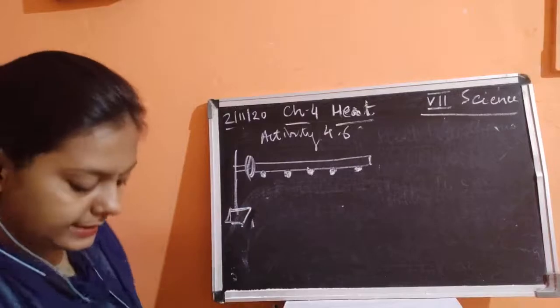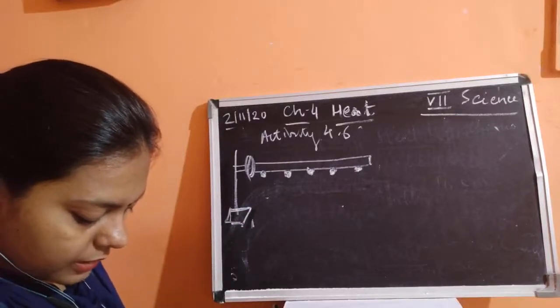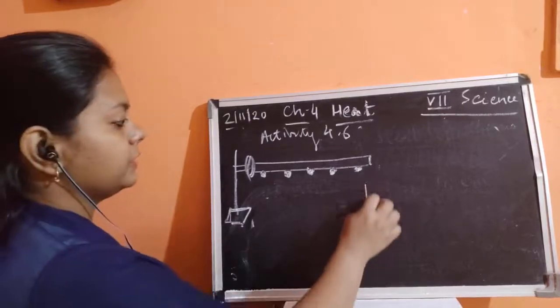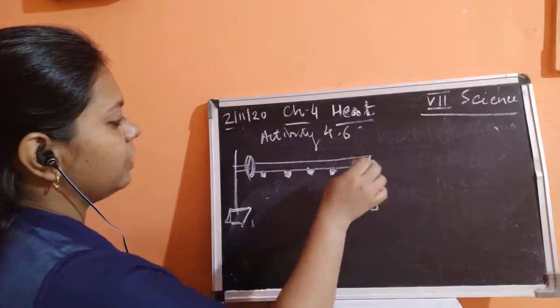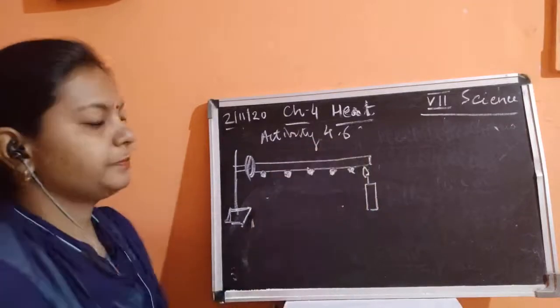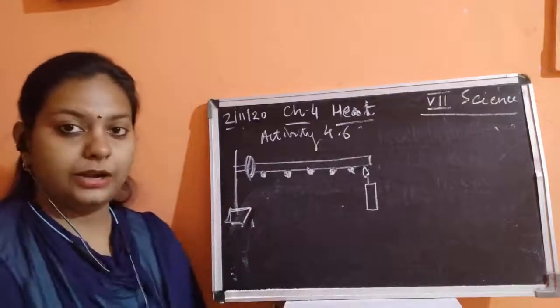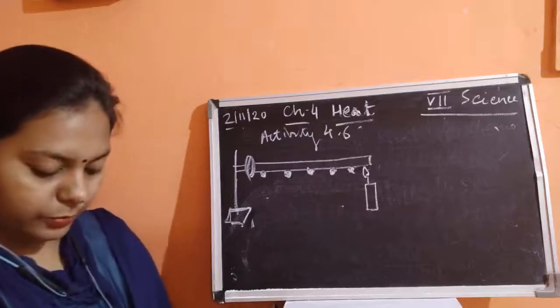अब क्या करना है? Next, now heat the other end of the rod and observe it. ठीक है, हम इसको हीट करेंगे दूसरे एंड को and we will observe it. What are you going to find? What would be your observation?